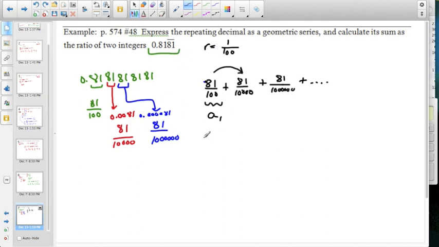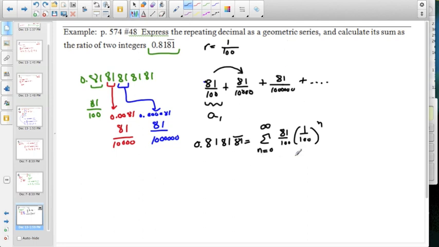So we can write that repeating decimal as the sum of 81 over 100 times the common ratio 1 over 100 to the n power. So there's our common ratio.